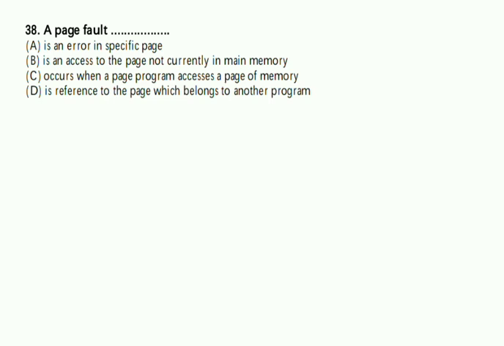So whatever pages the CPU wants to execute must be available in the main memory. If the page that we want to execute is currently not available in the main memory, and is being read from the virtual address space into main memory, then it will lead to a page fault. So option D is the correct one.